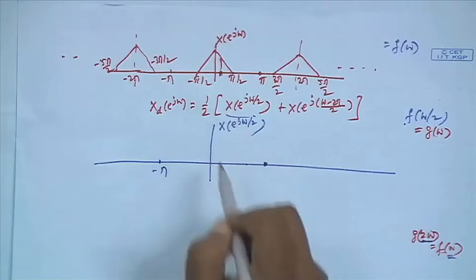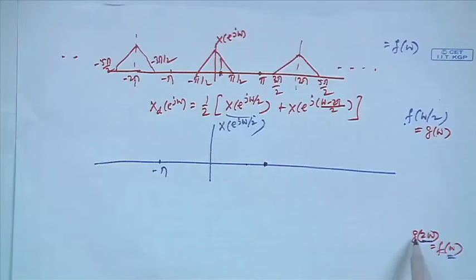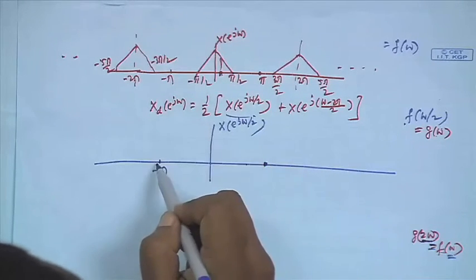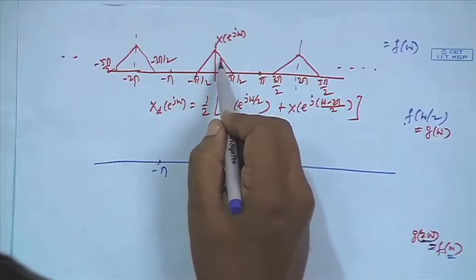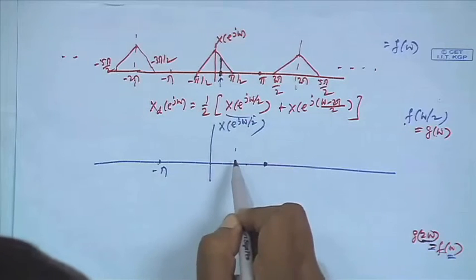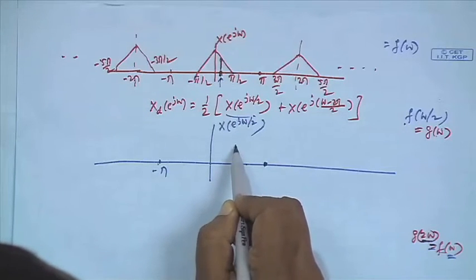So, at any omega, whatever value we have for f omega, for g the same thing will come at twice that omega. So pi by 2 was 0, so at pi it will be 0. Minus pi by 2 was 0, so at minus pi it will be 0. And every value, if this is omega, any omega, this will become the same value at twice omega.